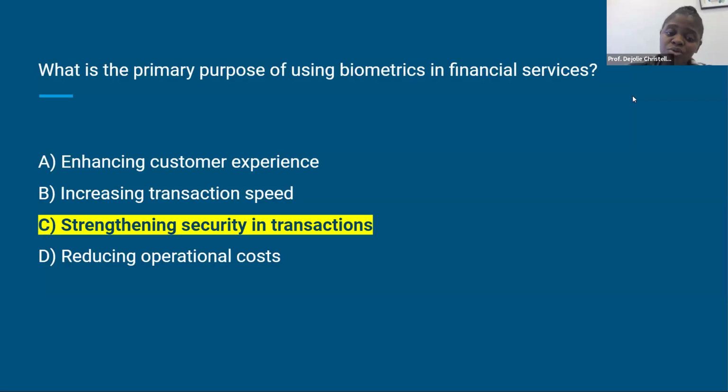So it gives more strength to the security of our transactions online, or everything that we are doing online. It could be not only financial transactions, could be also on your computer. You don't want to give access to everyone. You put it so that it asks you for your password, your fingerprint, right?